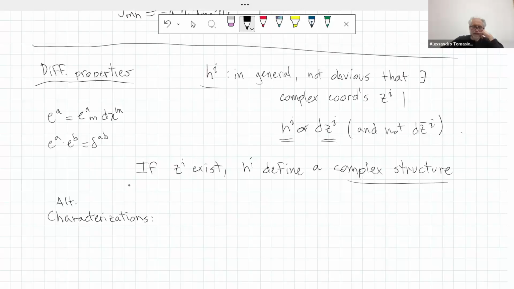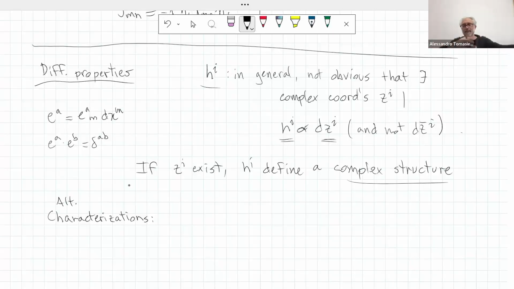if the h^i are proportional to the dz^i and you take the exterior differential of dh^i, then there may be functions in front, but the derivatives of those functions are not imposing anything on them.